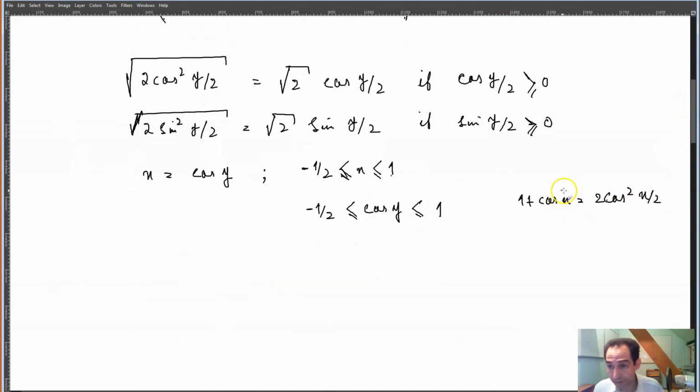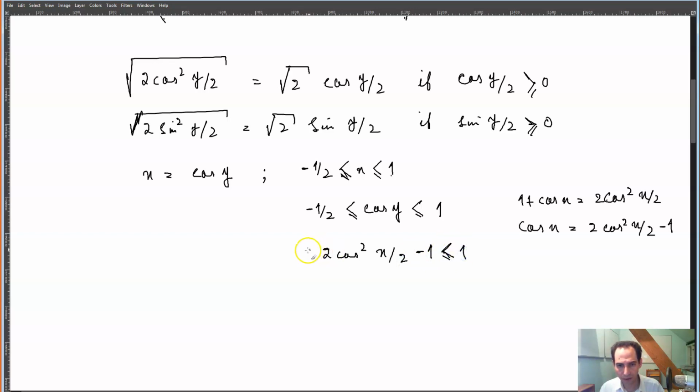Which means that cos of x is equal to 2 cos squared x divided by 2 minus 1, right? So now instead of cos of y, based on this formula, I can write cos of y as 2 times cos squared y divided by 2 minus 1, and that is less than or equal to 1 and greater than or equal to negative 1 by 2.